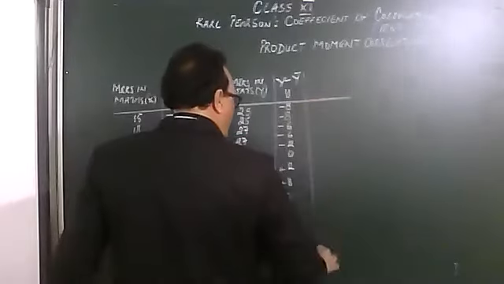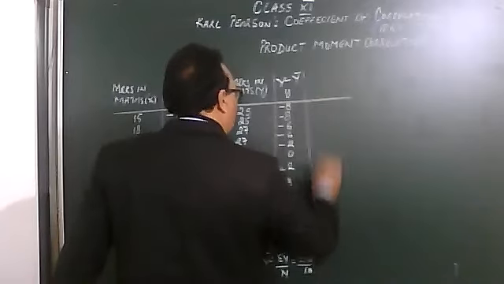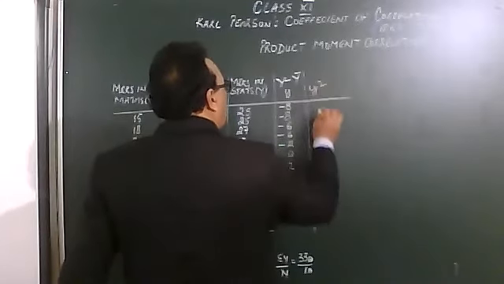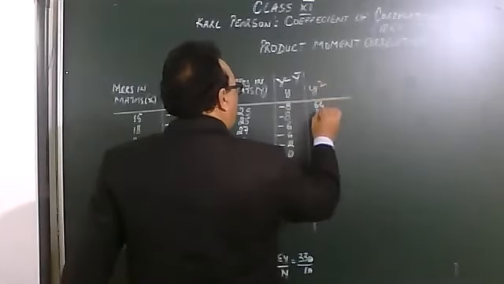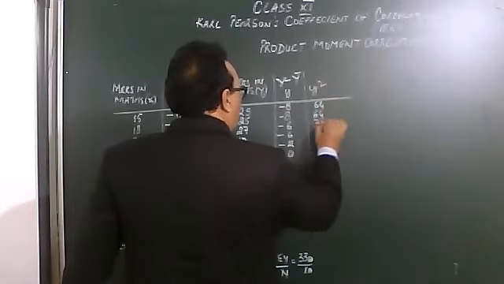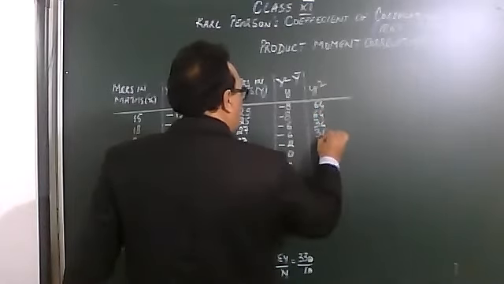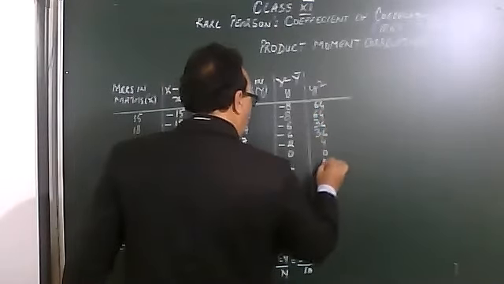Similarly, to get rid of the signs, we will square it. 8 8s are 64, 64, 36, 36, 4, 0, 4, 64, 64, 144.